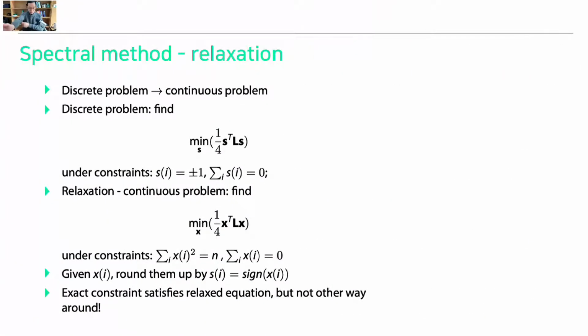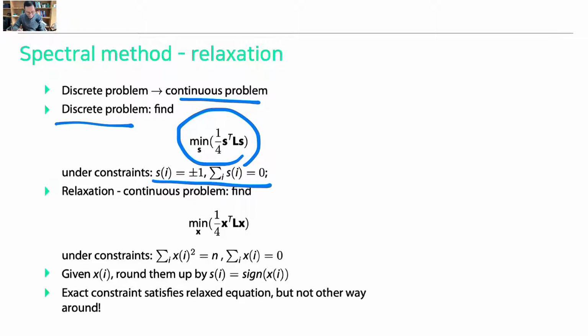And for that reason, we turn the discrete problem into a continuous problem. Previously, we were finding the S, right? The S should be composed of integer values, which satisfy these conditions.